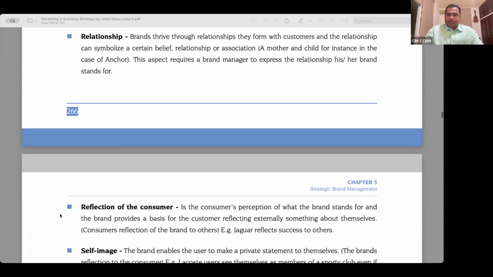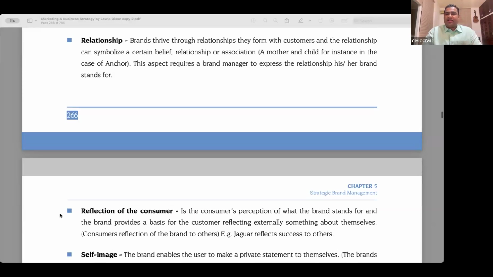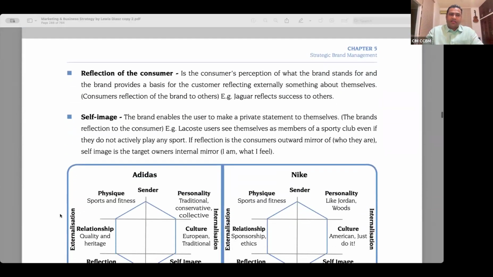Then the relationship that the brand forms with its customers, the association, a mother and child, for instance, in the case of Anchor. If you see an Anchor ad, you'll always see a mother and a child, the love of a mother and a child. You'll always see that, the relationship of a brand.